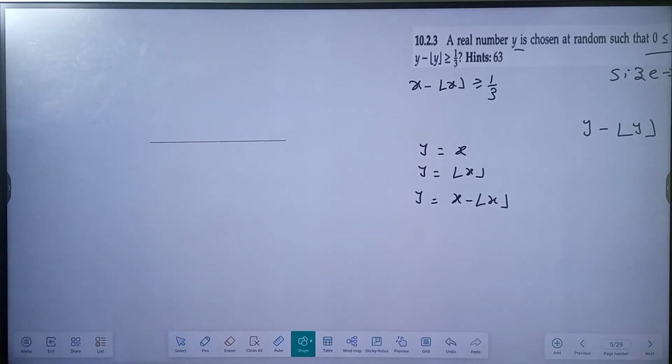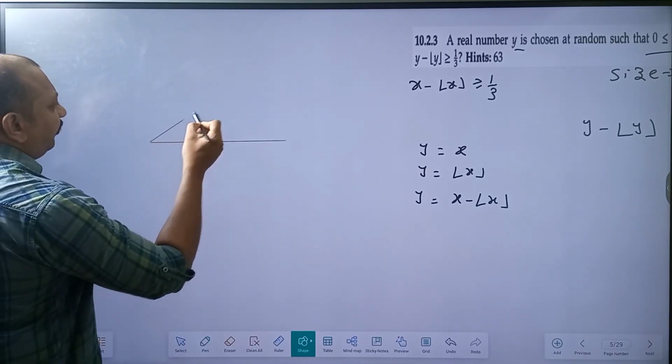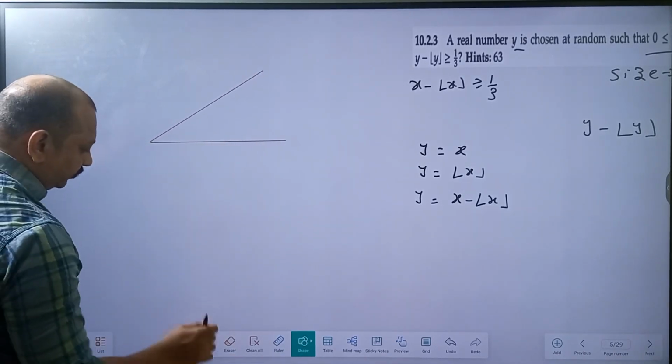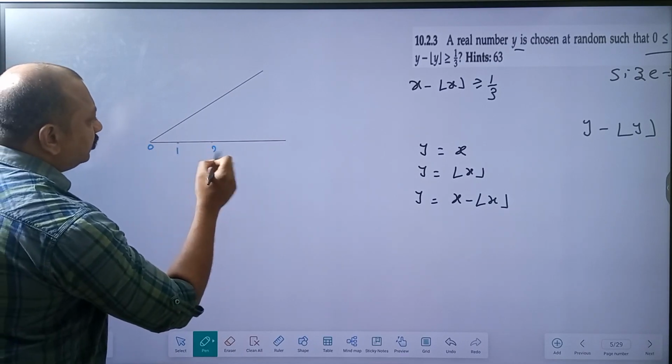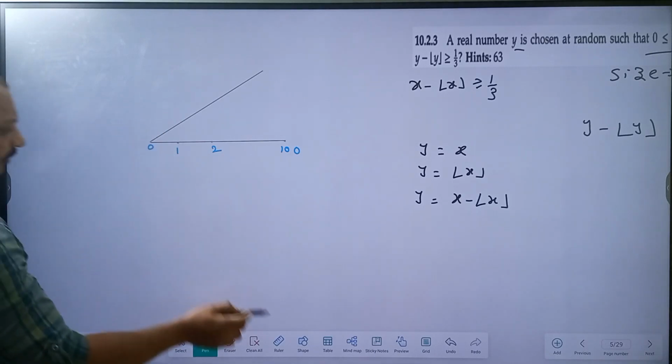Y equal to x is simply the line passing through origin, right? Or simply let us consider this as the origin. X values are from 0 to 100, right? 0, 1, 2, like that up to 100. This is your step.